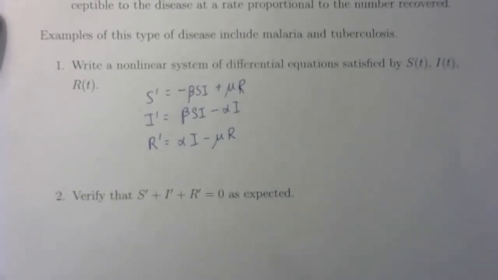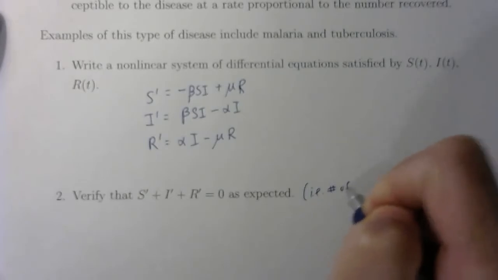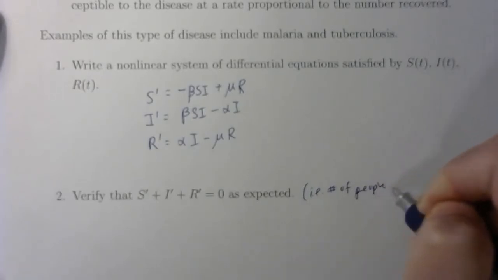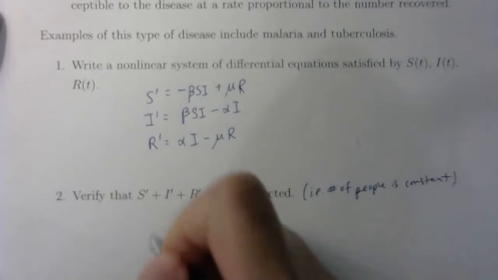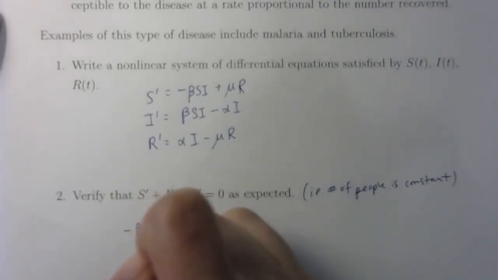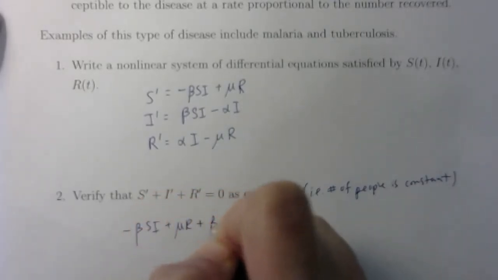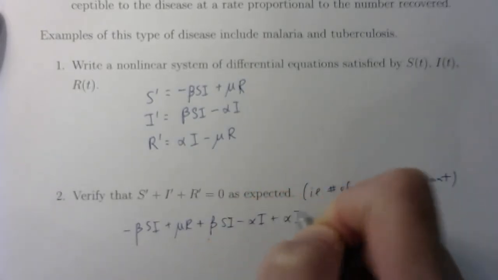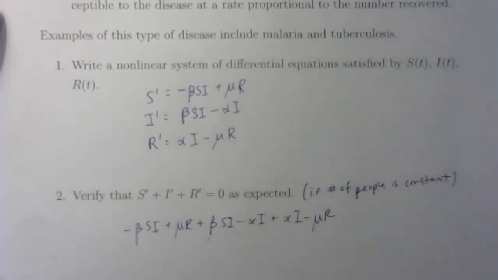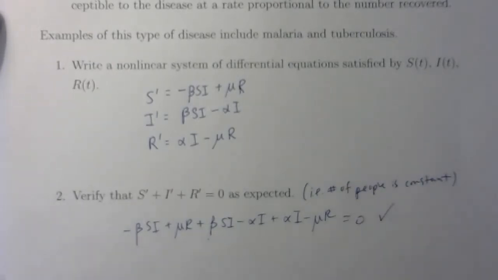That means the number of individuals isn't changing, i.e. the number of people is constant, right? So minus beta SI plus mu R plus beta SI minus alpha I plus alpha I minus mu R. Well, that should be clear. That is equal to 0. Check. Great.